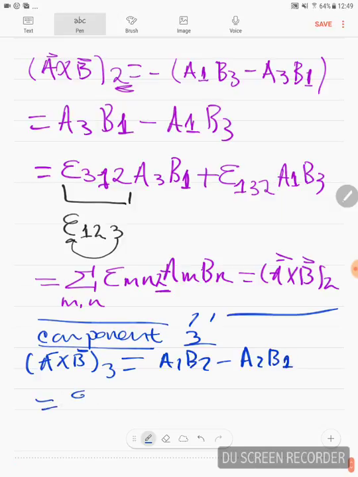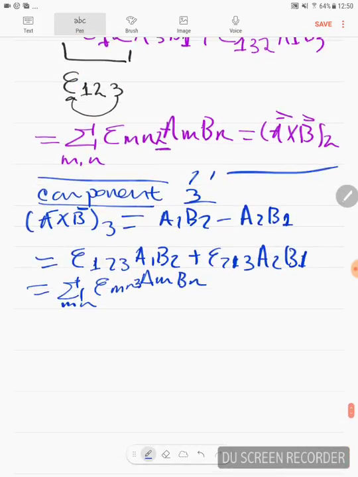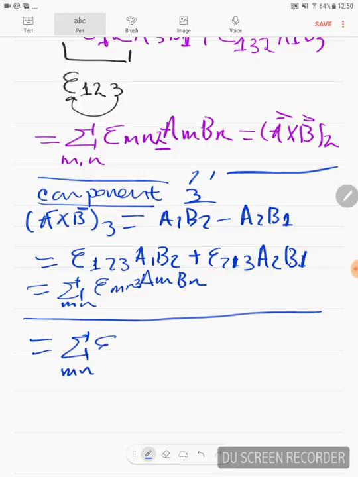This will be Levi-Civita tensor E1 2 3 A1 B2 plus E2 1 3 A2 B1, and as mentioned earlier for component 1 and for component 2, this is just some summation over some indices that are permuted, which is M N 3, this is A M, this is B N. Let me write it clearer here, maybe it wasn't clear enough.